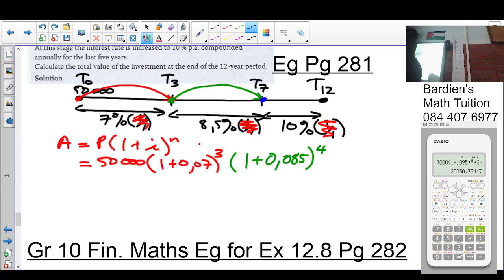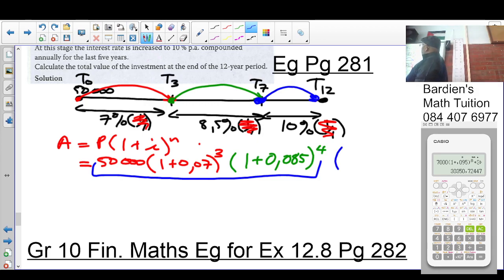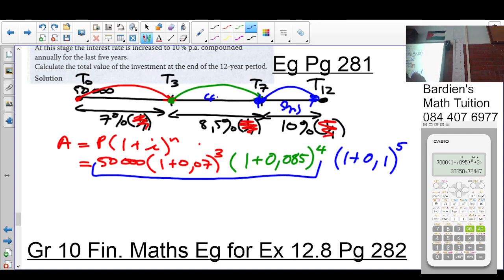Okay. Then what's going to happen? Now, this whole thing here is the principal now at this point. Can you see that, people? So what do I write now? That must be multiplied by 1 plus 0.10 to the exponent 5, because from there to the end is 5 years now. You see 5 years, that is 4 years, that is 3 years. 5 plus 4 plus 3 is 12. Okay. So punch that into your calculator. Yes?